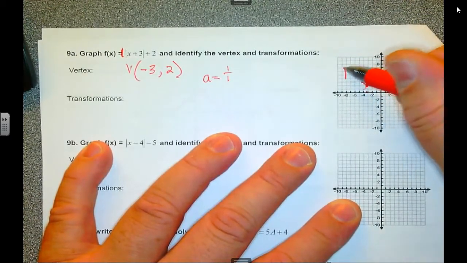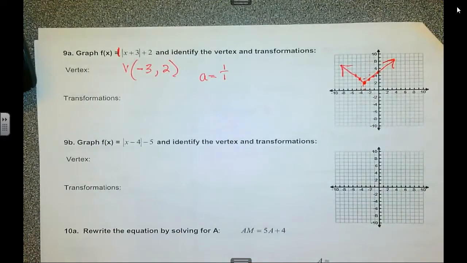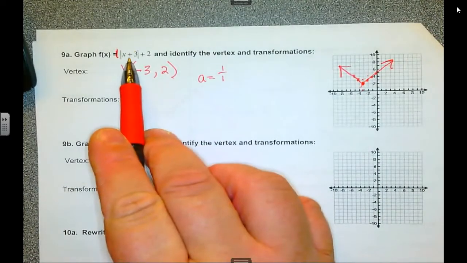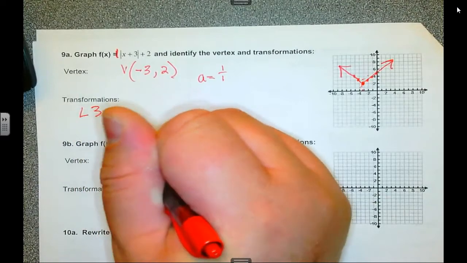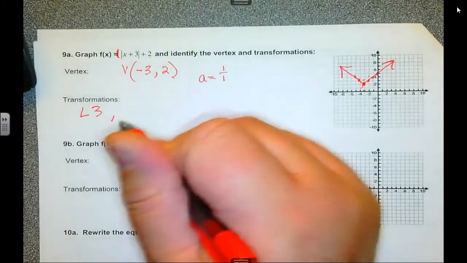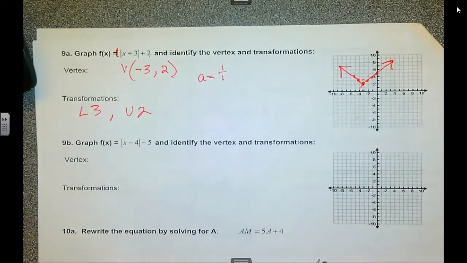So there you go. Your transformations, inside it's opposite, so you're going to the left 3, and you're going up 2. Again, you can put it in a calculator and get all your points off of the chart for the graphing, but it's easier to do it in your head.